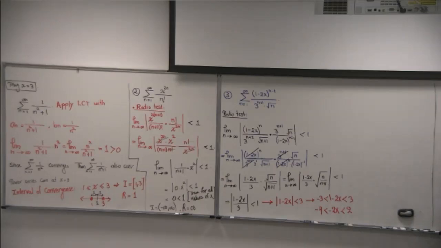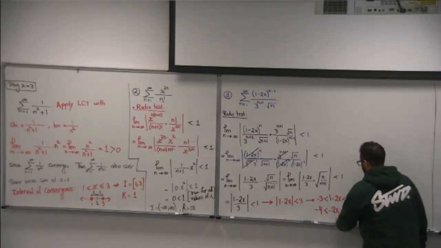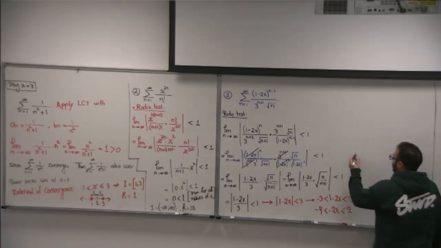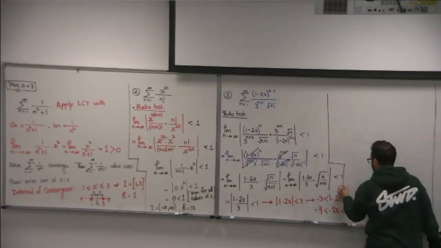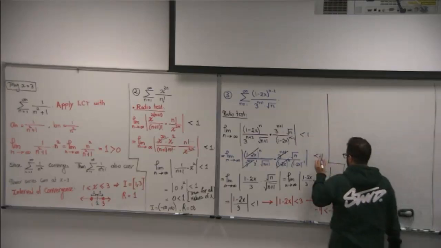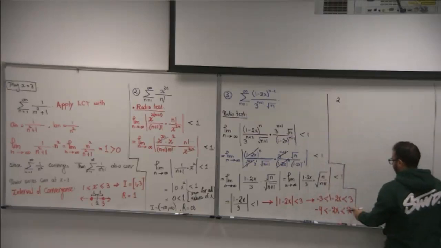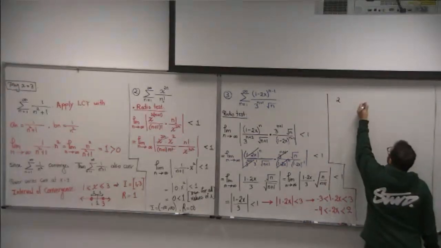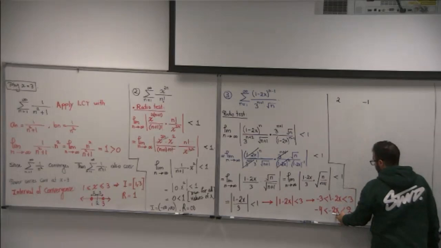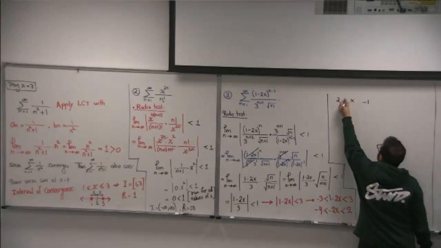Okay, just subtract 1 from both sides. And then I have to divide both sides by minus 2. So you end up with negative 4 divided by negative 2 is 2. 2 divided by negative 2 is negative 1. Since you divided by a negative in the inequality, you have to flip all the signs. So it becomes like this.